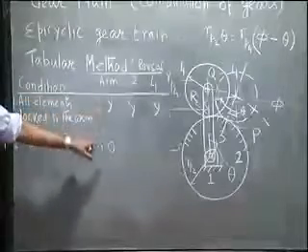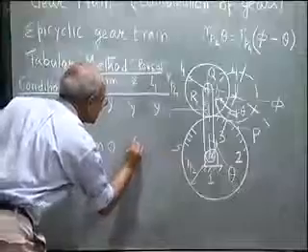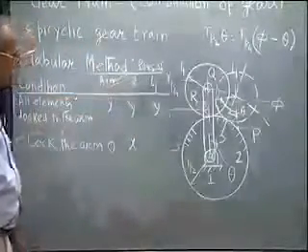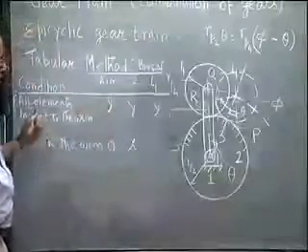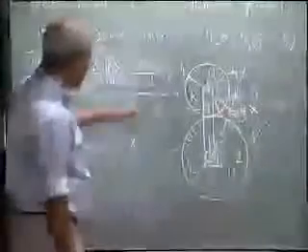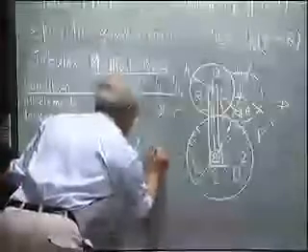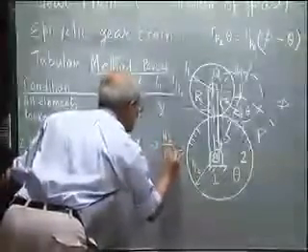Lock the arm, that means the arm is not given any revolution, and give x revolutions to any of the gears. Say I give x revolutions to gear 2. Then because the arm is locked, it is not an epicyclic gear chain anymore, it is just a simple gear chain. So the rotation of 4 I can easily get as minus x into N2 by N4.